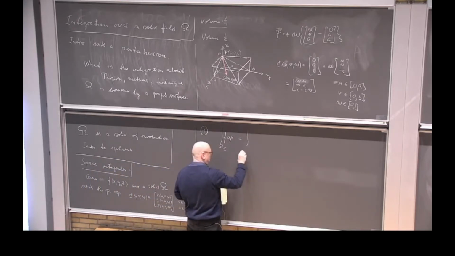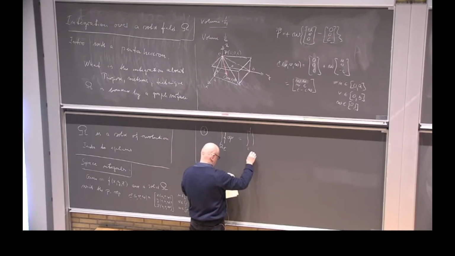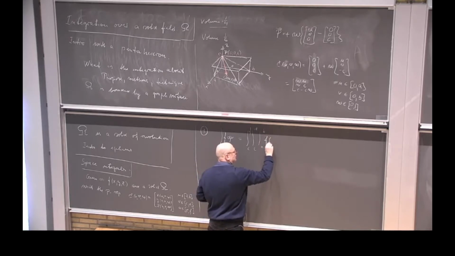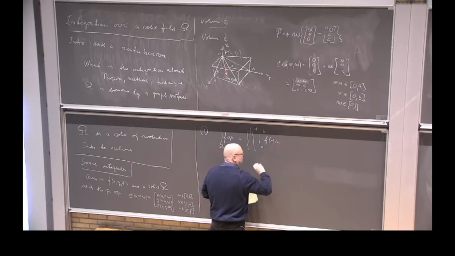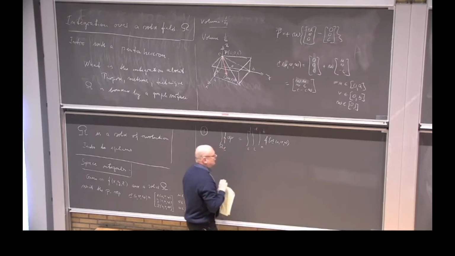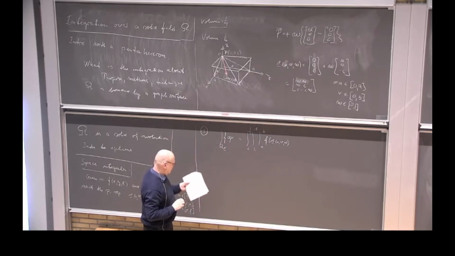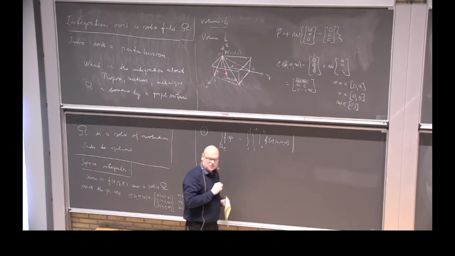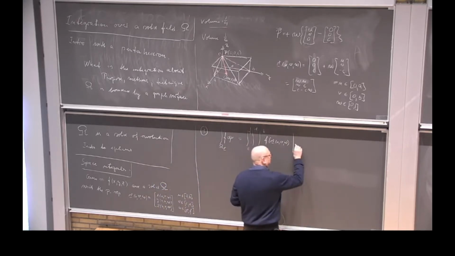This is the triple integral, from c to d, and from a to b, of f restricted to the parametric representation of your solid, like this. And then, of course, you have the Jacobi function. For space integrals, it looks like this.